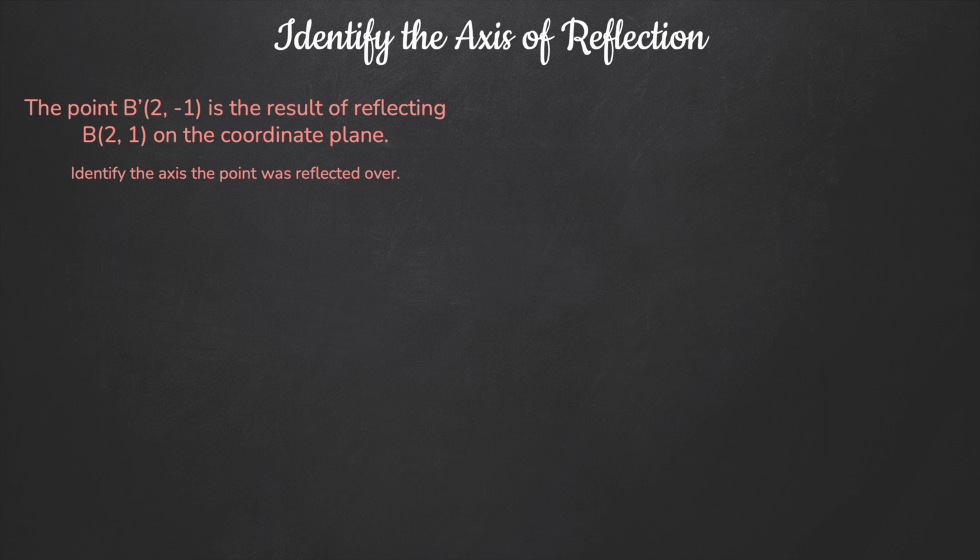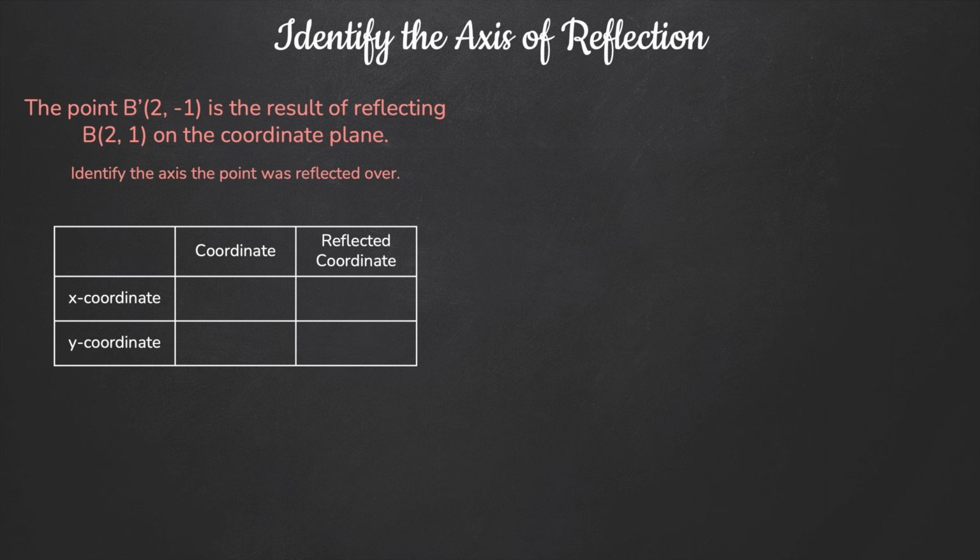Our next example says the point B prime, which is at 2, -1, is the result of reflecting B, which is at 2, 1, on the coordinate plane. Identify the axis the point was reflected over. So let's write down the information we know. So we know that B is the original coordinate, and the x-coordinate is 2, and the y-coordinate is 1.